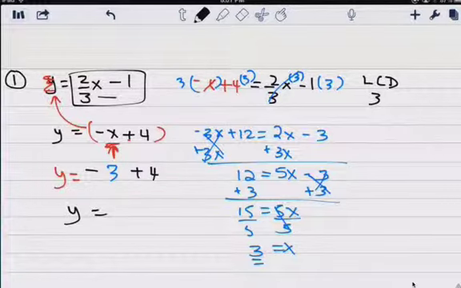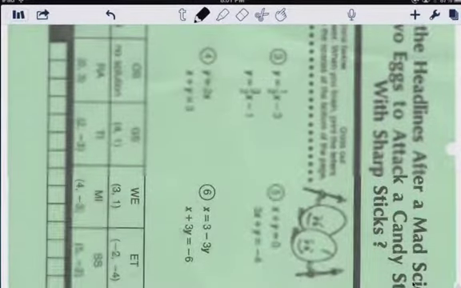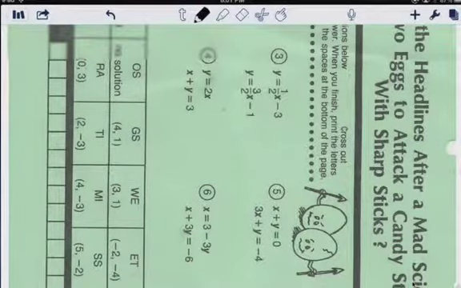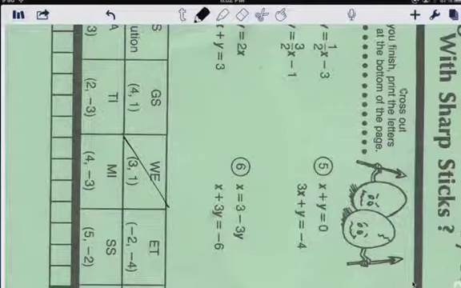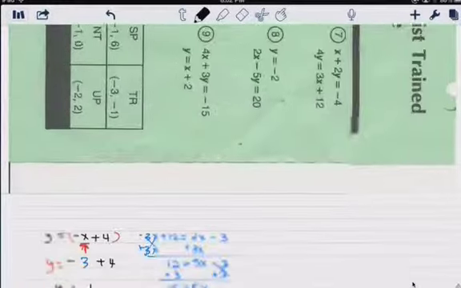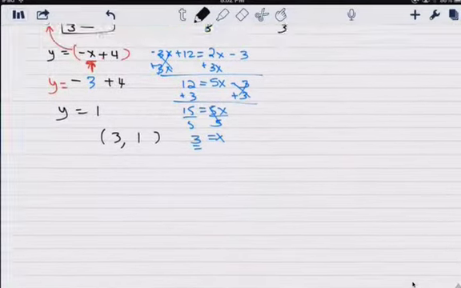So y equals 1. Your solution is 3, 1. That's where they intersect. So 3, 1 is this answer. Cross out the word. Okay, that's number 1.